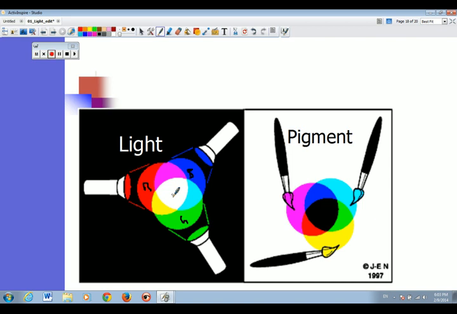Remember, pigments work because the light is reflected off. So you have your magenta, your yellow, and your cyan. Cyan and yellow make green. Cyan and magenta make blue. Magenta and yellow make red. And if you mix them all, you get black.